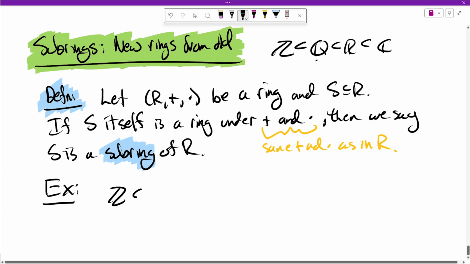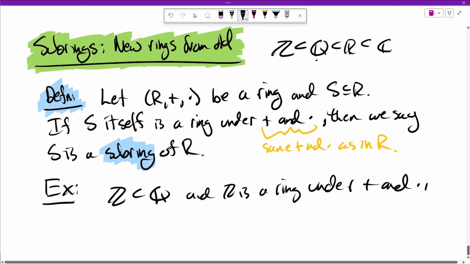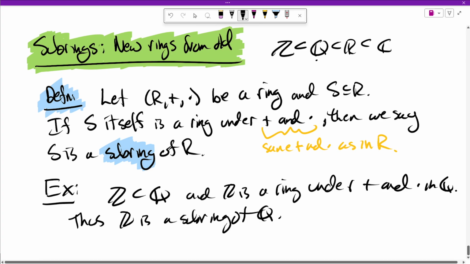Well, Z is contained in Q, and Z is a ring under the usual addition and multiplication in Q. So it's a subring: a subset which is also a ring with the same operations.